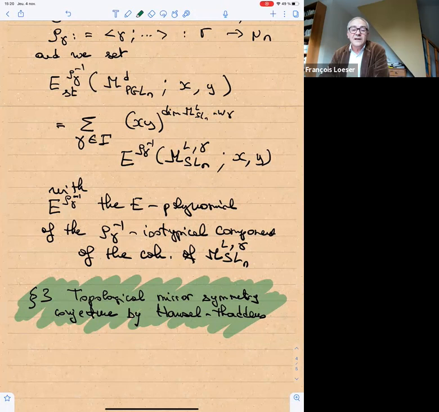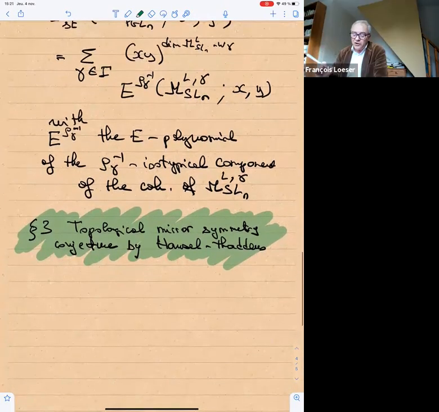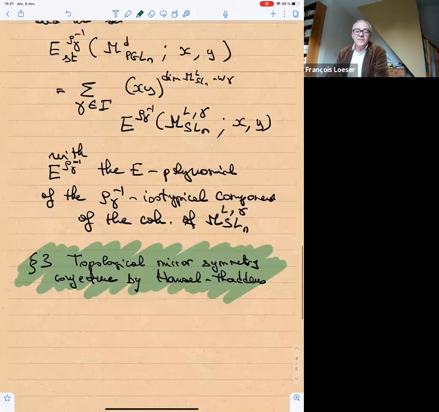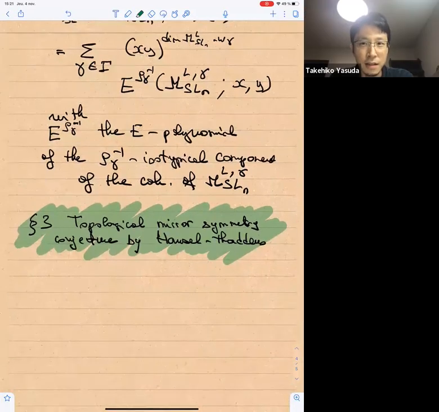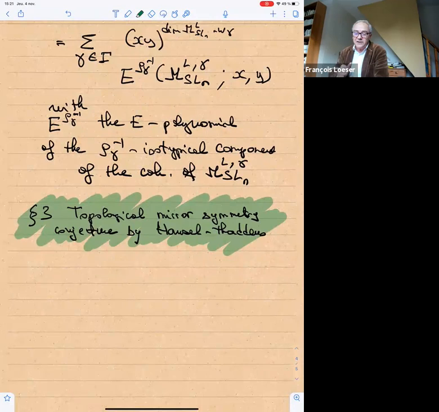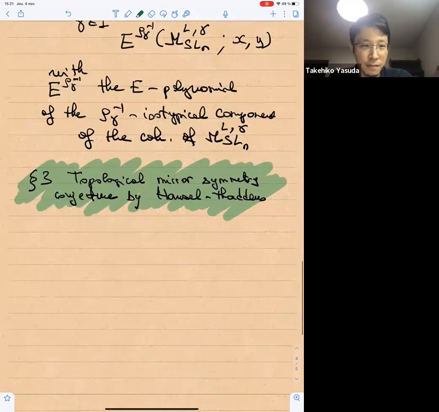Yeah, it's this, yes. So you define this twisted one. By definition. It's by definition. Okay. I don't give a general definition. I just give the definition specifically in this case. I see. Yeah, thank you.